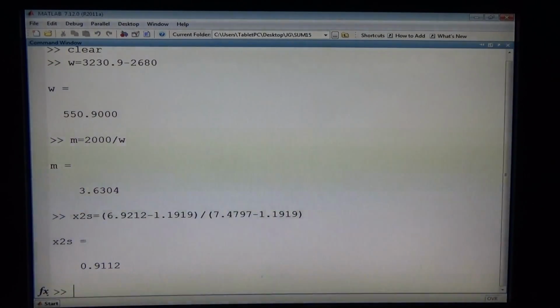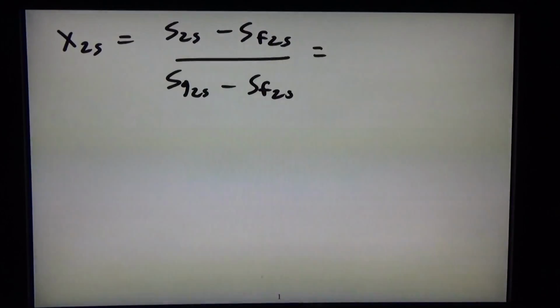So X2S is 0.91. This is often what happens with the turbine. Often the isentropic turbine will have a high quality saturated mixture at the exit.